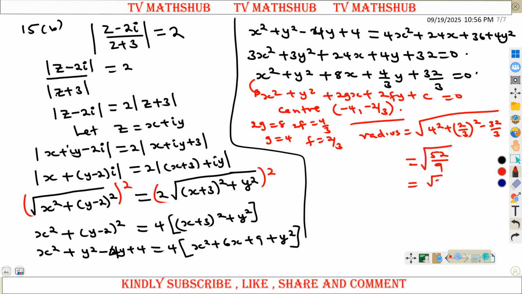So this is the same as square root of 52 over 3. So we realize that the locus of z is actually an equation of a circle that has got the center at -4, -2 over 3, and radius, which is the square root of 52 divided by 3. So that part will be answered.